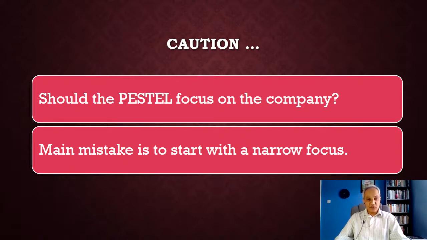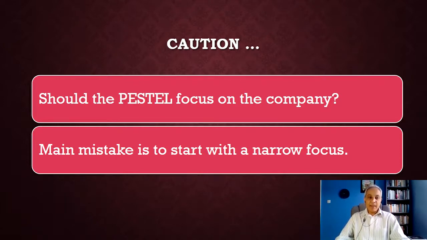And this is when you're making your judgments around whether the impact is going to be low, it's going to be high, it's going to be impactful immediately, it's going to be in the much longer term, and so on. So you're making judgments. The main mistake is if you start too narrow by focusing on the company and just look at the environment around it using Pestel. So think broad first and then narrow it down to reason through what the implications might be for the company.